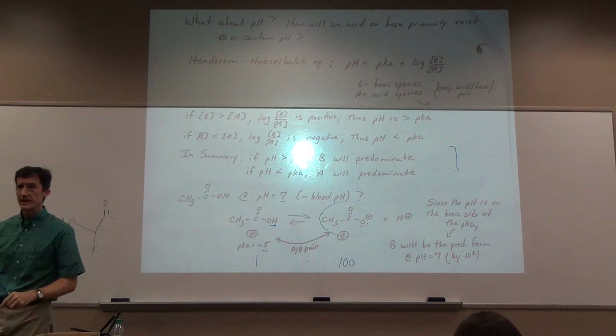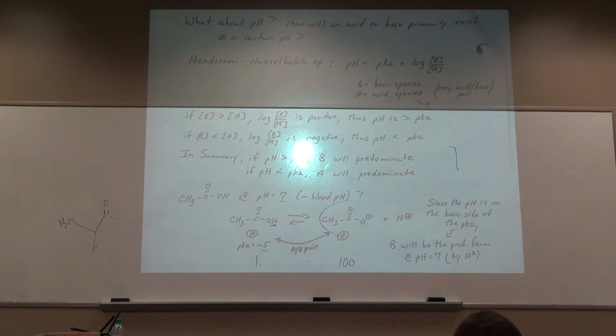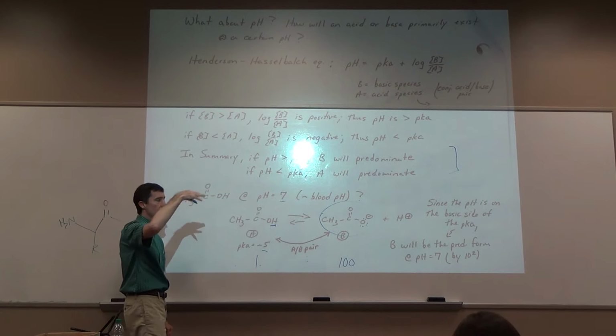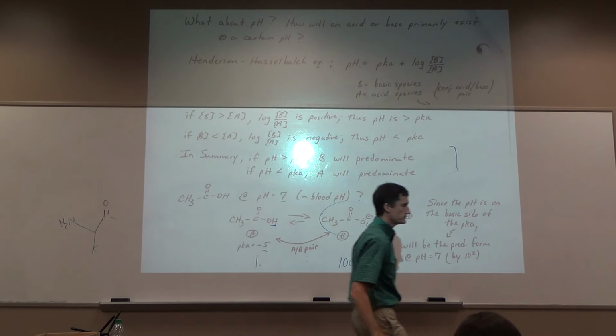And for log of B over A equals 0, what does B over A have to equal? No, it must equal 1. See your math? Thus, we can say that if pH equals pKa, the B to A ratio is equal to 1. But if you start adjusting the pH, then you can make one favored over the other.